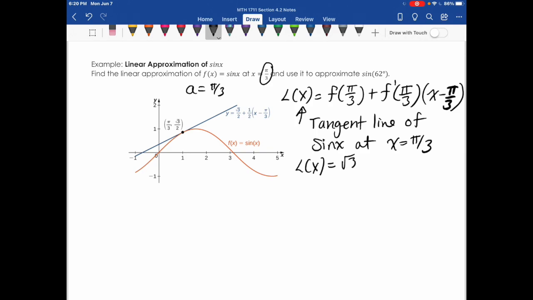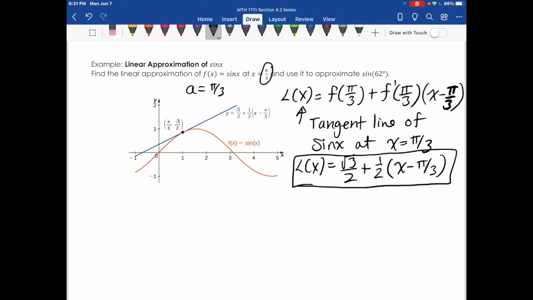If I plug in pi over 3 into sine x, I'm going to get the square root of 3 over 2. And if I take the derivative of sine x, that's cosine x, and if I plug in pi over 3, I'm going to get a half. And then I have x minus pi over 3. So here's our tangent line with our values plugged in. So this is our linear approximation.